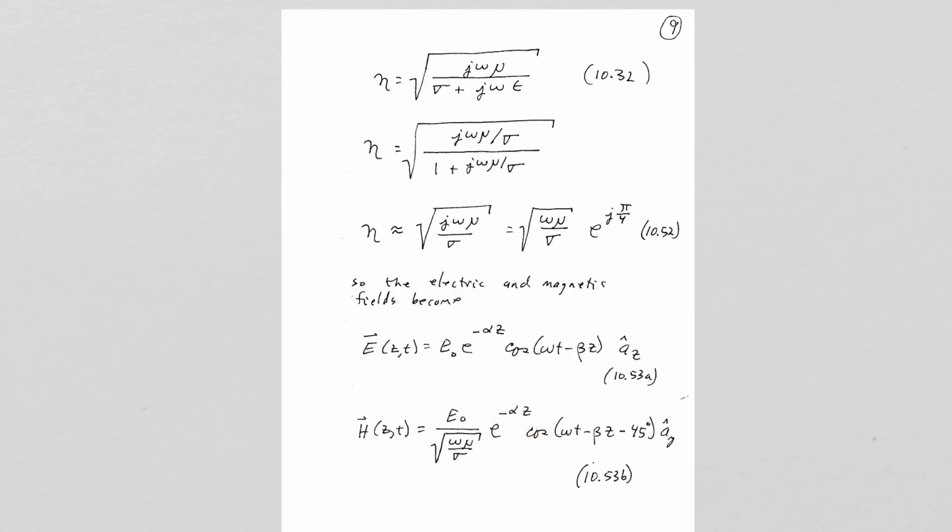A useful parameter for propagation in a good conductor is the skin depth. Skin depth is the distance at which the wave has attenuated by a factor of e to the minus 1. So that's when this e to the minus alpha z term is equal to e to the minus 1.